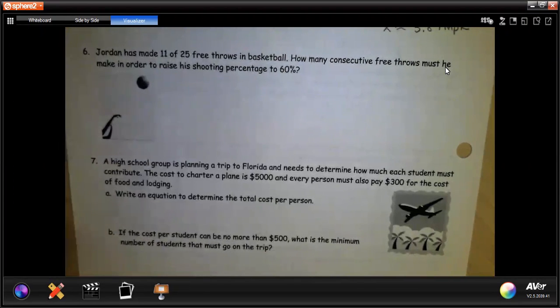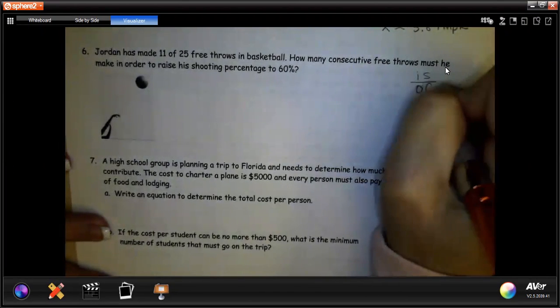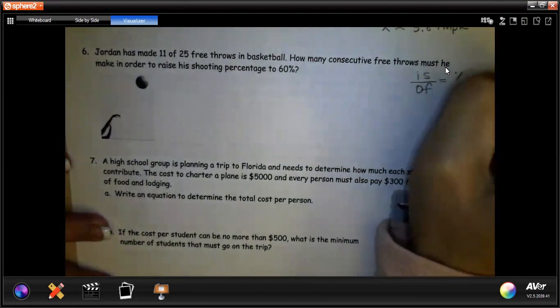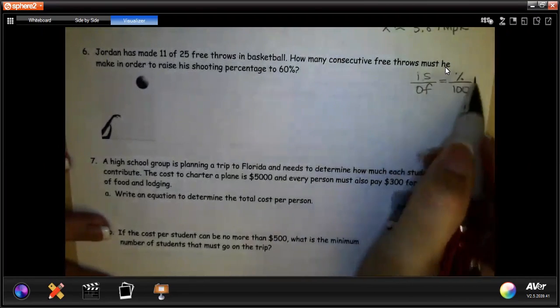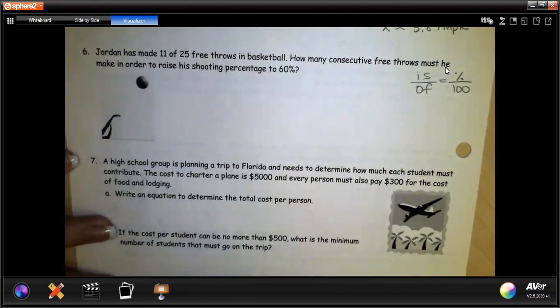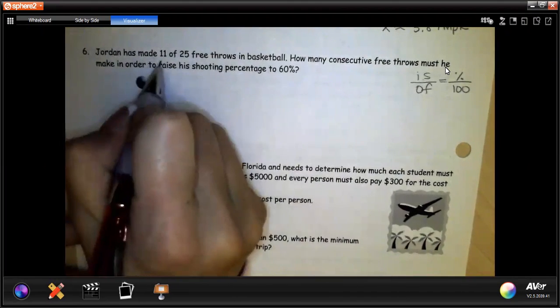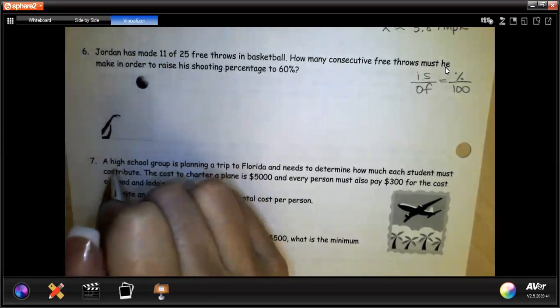And if you go back to thinking when you learned percentages, your teacher probably said is over of equals percent over 100, or part over whole equals percent over 100, or something like that. So this is going to be the setup for the rational equation that we're going to do here. He's currently made 11 of the 25 free throws.